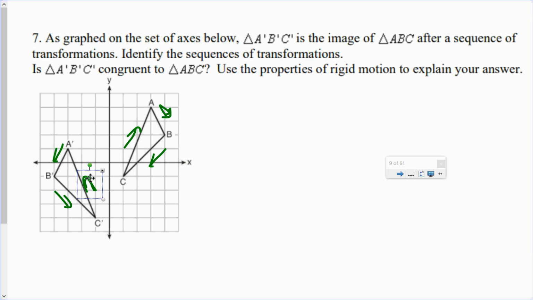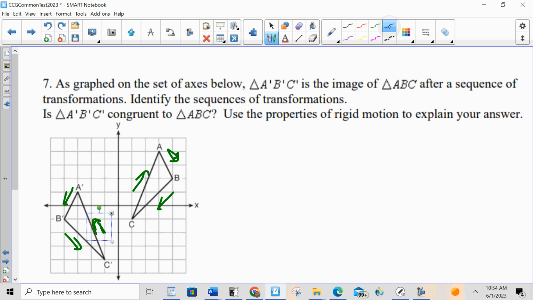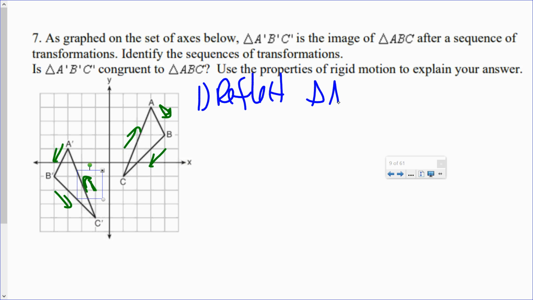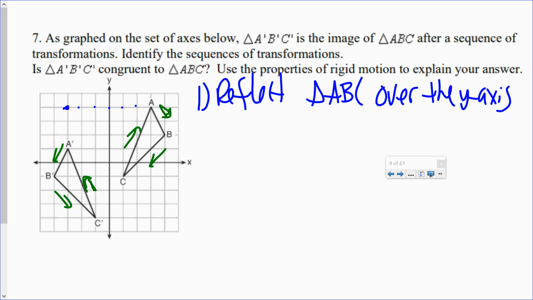So use a little bit of geometric common sense as far as what you're reflecting over. Y-axis seems pretty obvious, so I'm going to reflect triangle ABC over the y-axis, and I'm going to do the reflection. 1, 2, 3, 1, 2, 3, 1, 2, 3, 4, 1, 2, 3, 4.